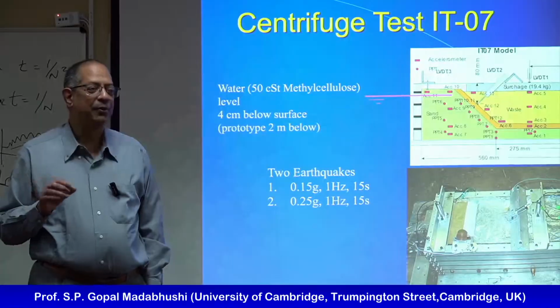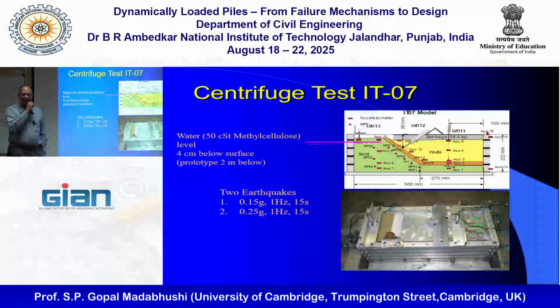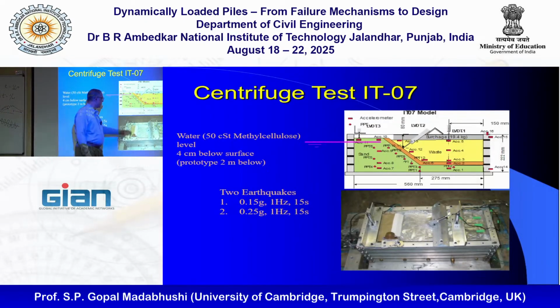My students, if I send them to real landfill, they will not come back to the lab. They will leave the program and go somewhere. So we said, no, we'll create a model waste which has the same compressibility and other characteristics as real waste. So we made model waste on this and created the model.